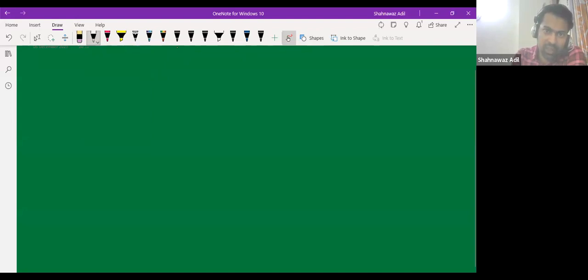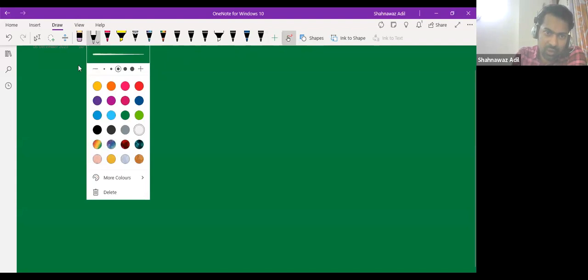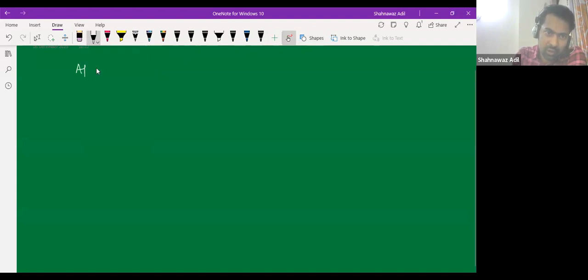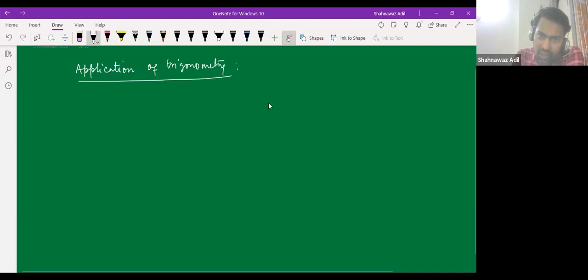In application of trigonometry, whatever we have learned from introduction to trigonometry, we will apply those. We have to remember that we have a right angle triangle.